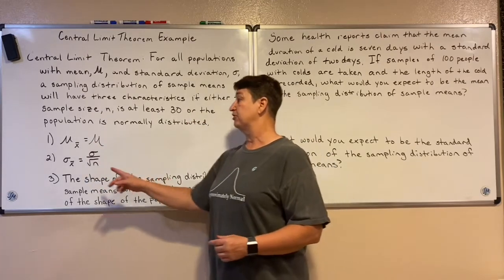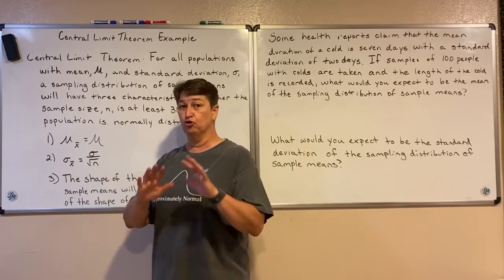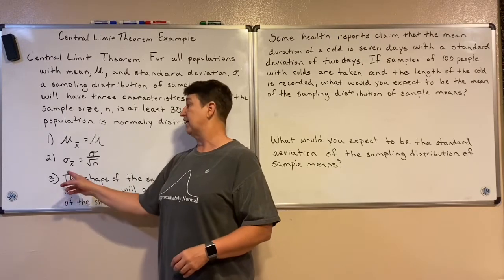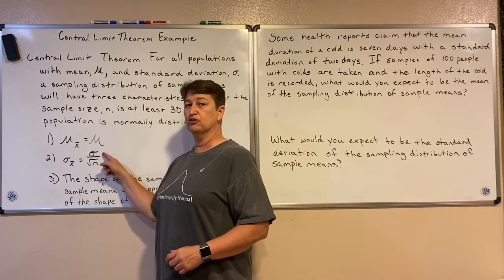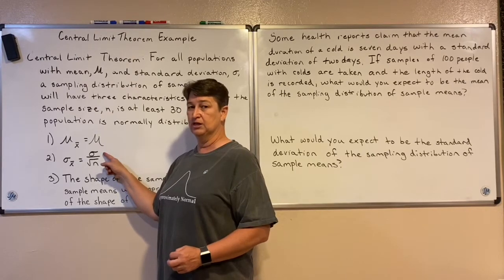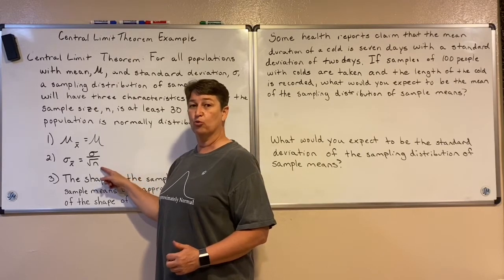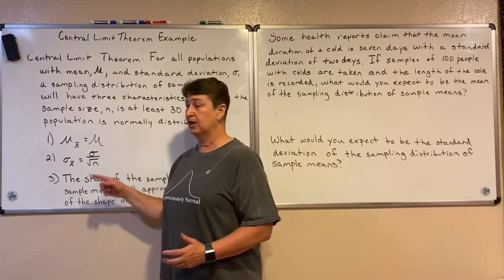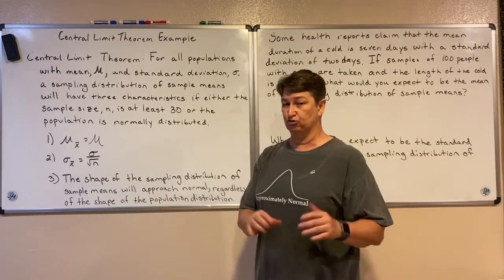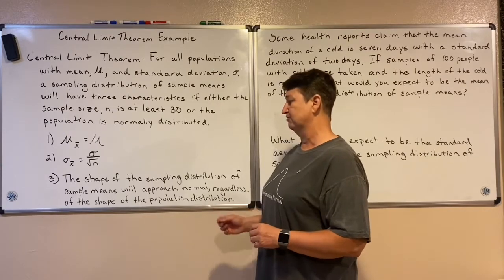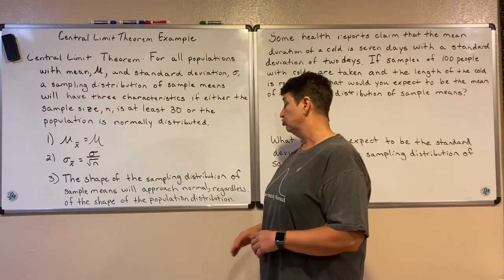Then the standard deviation of that new distribution I've created, that sampling distribution, will be equal to the standard deviation of my population distribution divided by the square root of my sample size. And then the third characteristic is the shape of that new distribution, that sampling distribution of sample means, will approach normal.